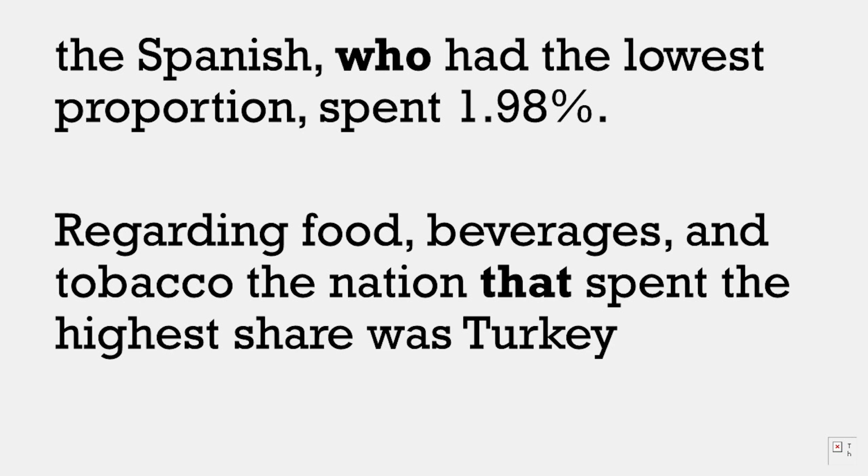And the second one, regarding food, beverages and tobacco, the nation that spent the highest share was Turkey. So again, we're using a relative pronoun, "that", to add information about the subject, the nation, and that it spent the highest share.